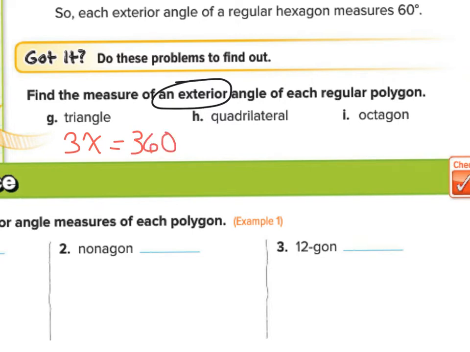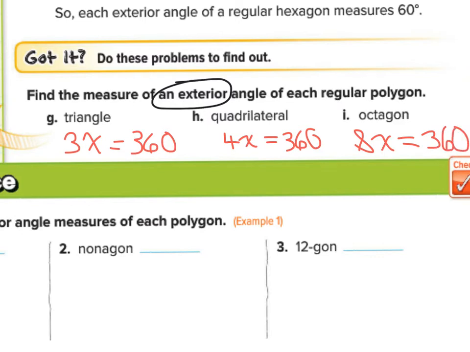The quadrilateral has 4 sides, so we have 4x equals 360. And an octagon has 8 sides, so it's 8x equals 360.